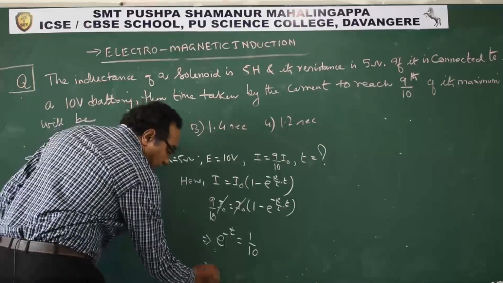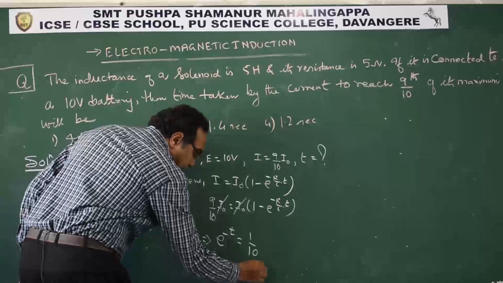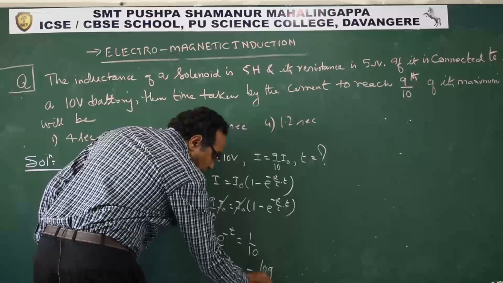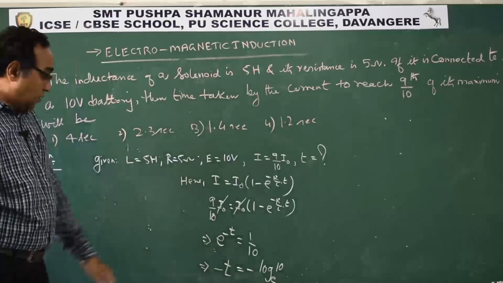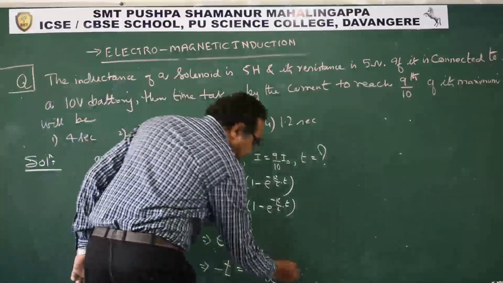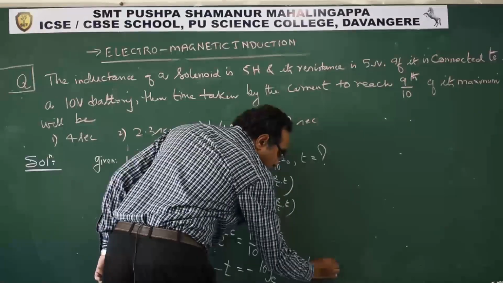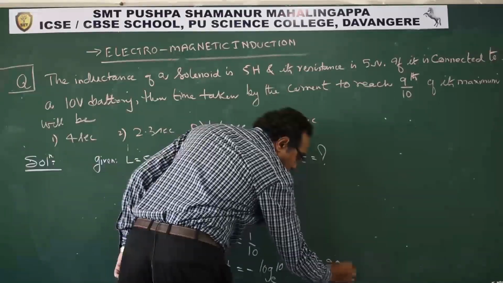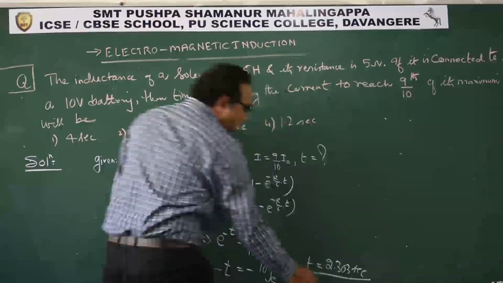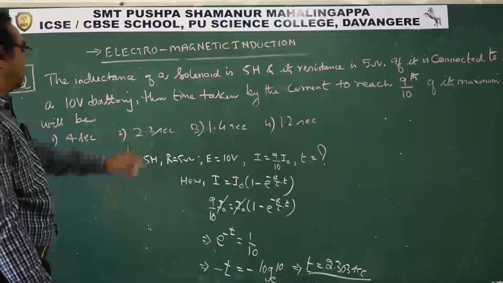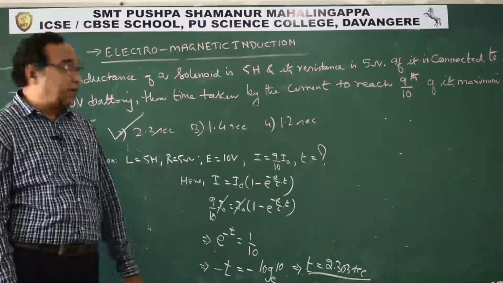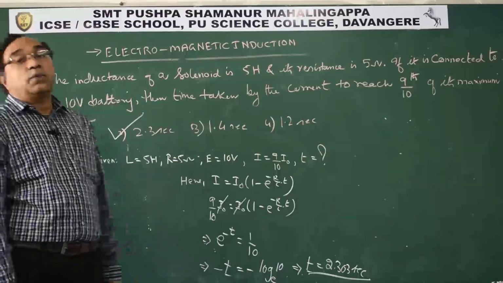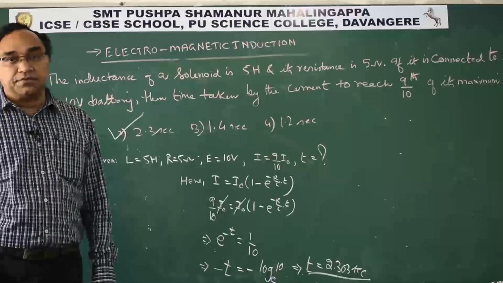So by taking log on both sides, minus t is equal to minus of log of 10 to the base e. So minus cancels out. This means t is equal to 2.303 seconds, or closest one here is 2.3 second. So that is our answer. That is exactly how we can use growth equation in such numericals.